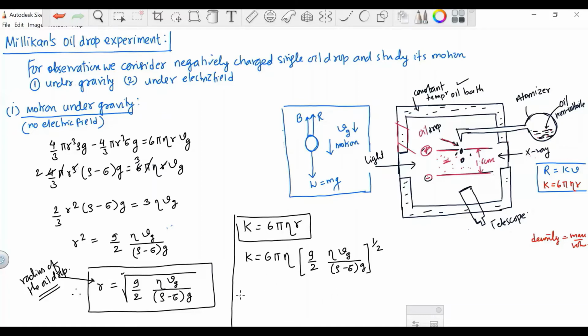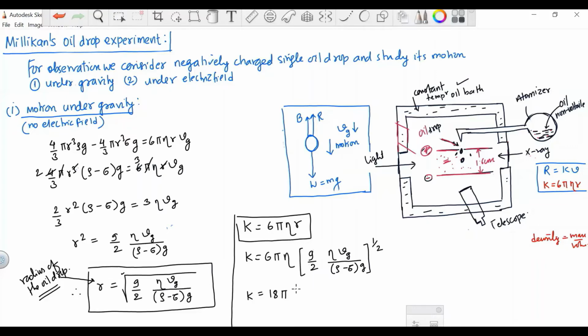Now we can write K equals 6, and this 9 comes out of the root, so when it comes out it becomes 3. So we get 18 pi, and let us take this eta inside the square root.